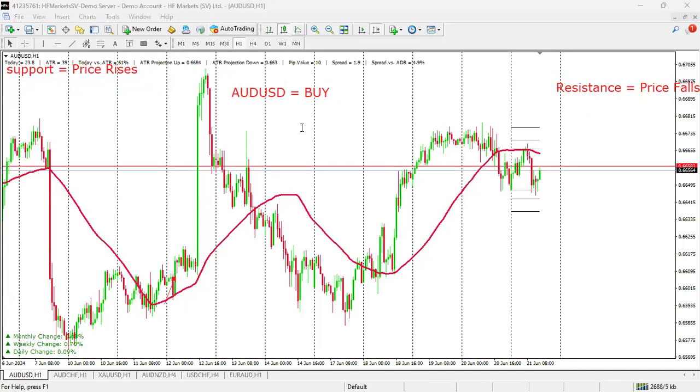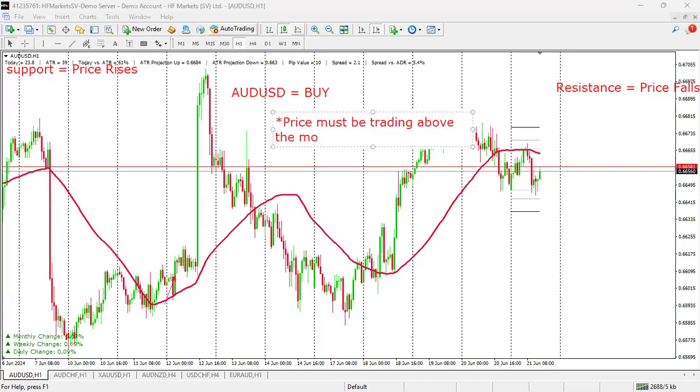Now, if you want to use the moving average strategy, one thing you must always look out for is that price must be trading above the moving average.